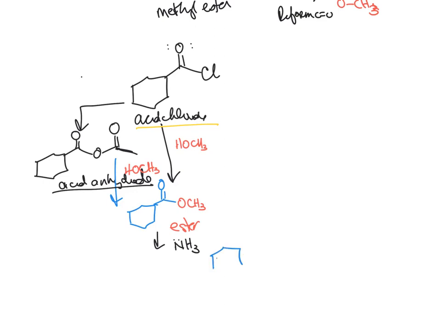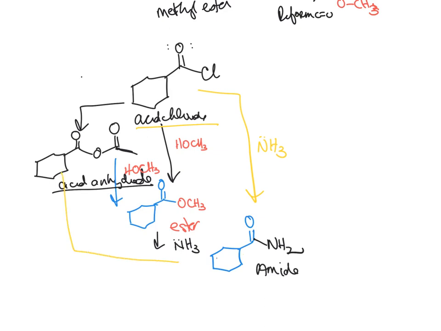Here is our ammonia, which makes an amide. And the nice thing is the acid chloride could also go to the amide if you have an ammonia nucleophile. And the acid anhydride can go to the amide.